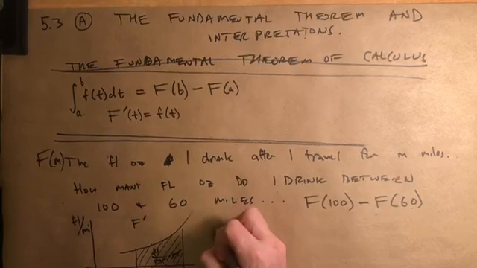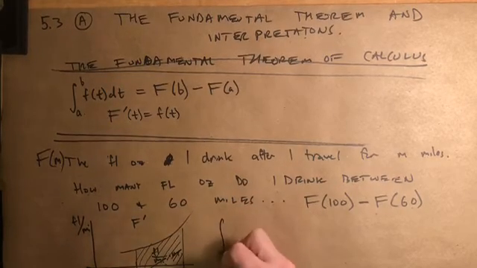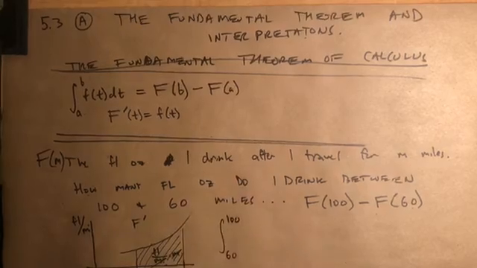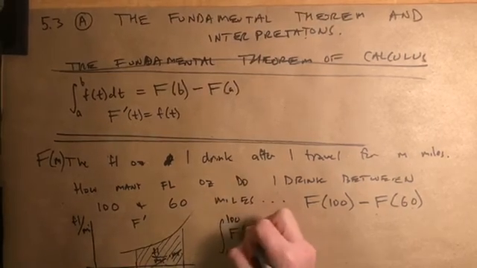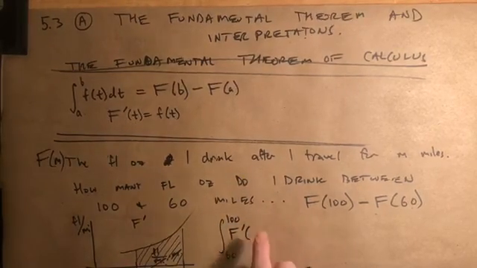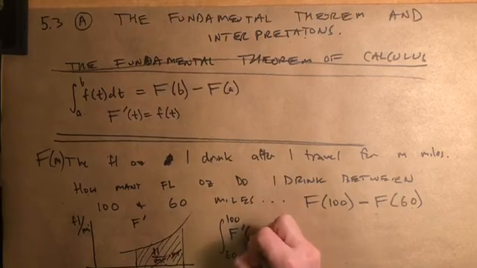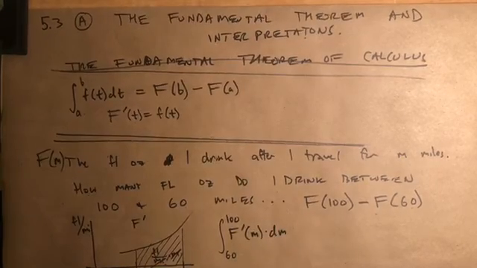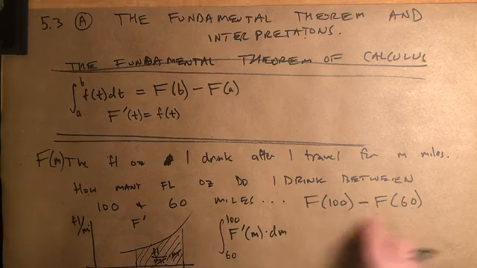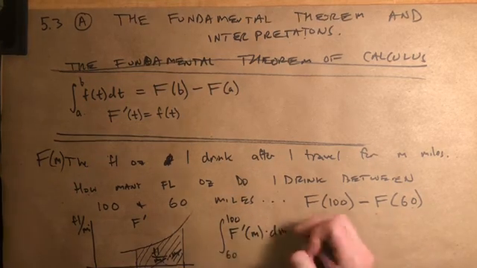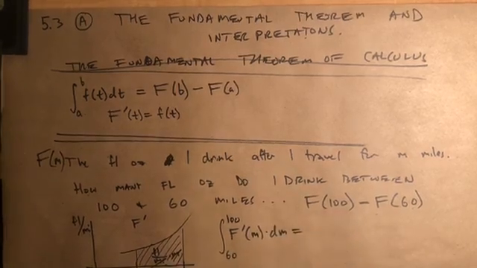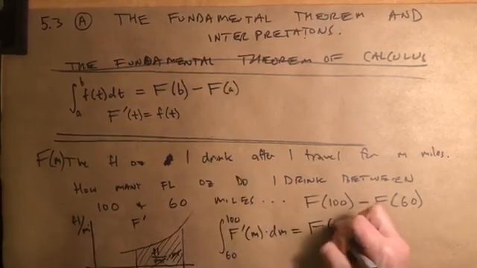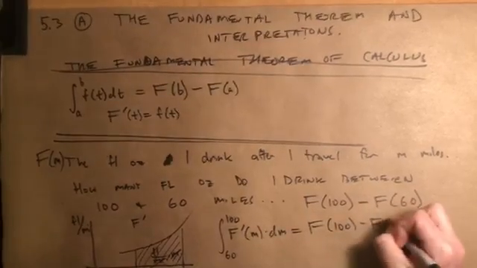How do I represent that area? That's the integral from 60 to 100 of capital F prime. And really, I can use any variable in here, but I'll use m, dm. I've expressed this idea, the fluid ounces of drink, in two different ways, with the parent function as well as with the derivative. And so the two are certainly equal to one another.